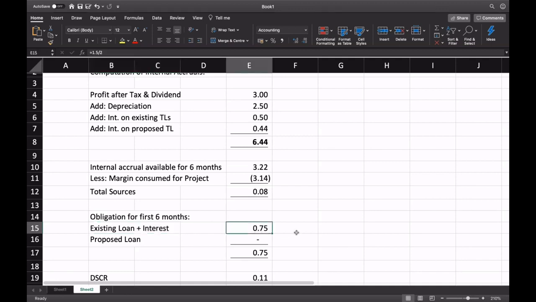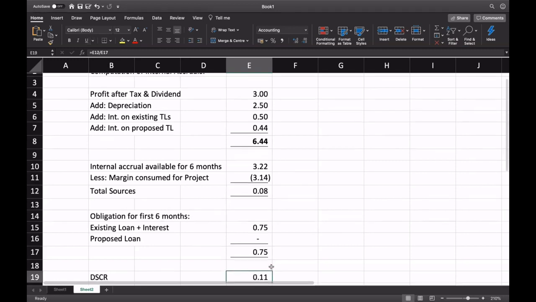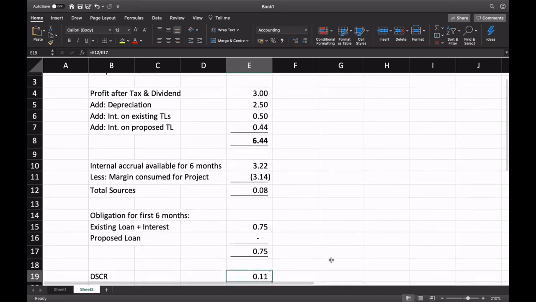So for 6 months, I've taken 0.75 crore. Of course, the proposed loan interest or principal does not arise in this first 6 months period. So it is 0.75 obligation and 0.08 resources, and if I calculate gross DSCR, it will be 0.11. What is the minimum DSCR we say? It's 1.5, 1.75, and here it is 0.11, absolutely not acceptable.